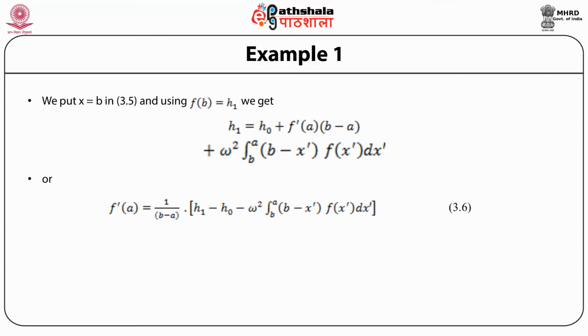We have simply brought f prime a b minus a on the left hand side and h1 on the right hand side and divided by b minus a, just to write it in this form.